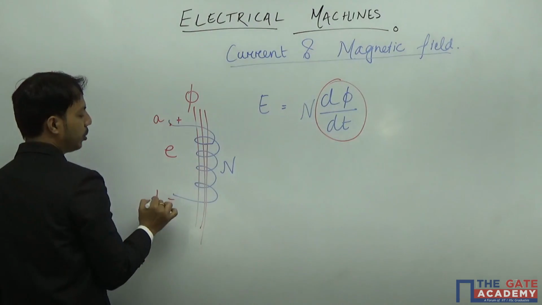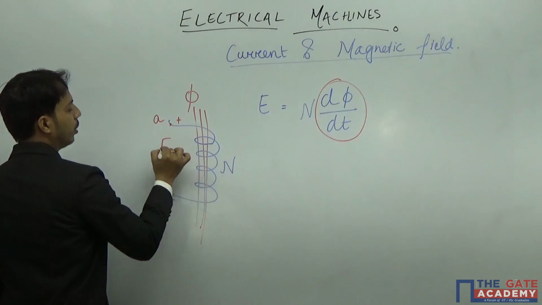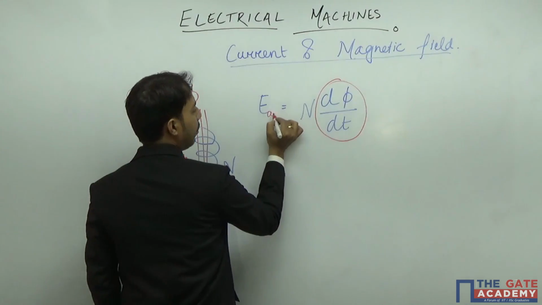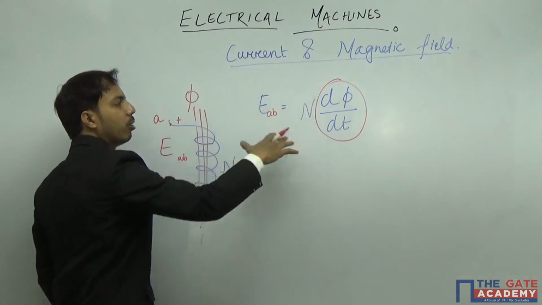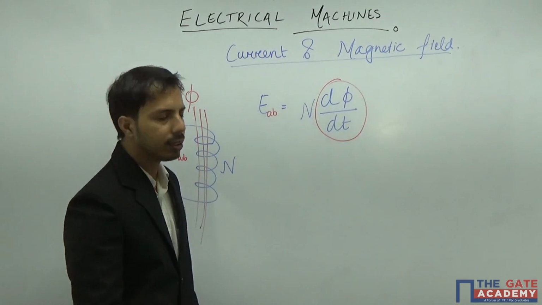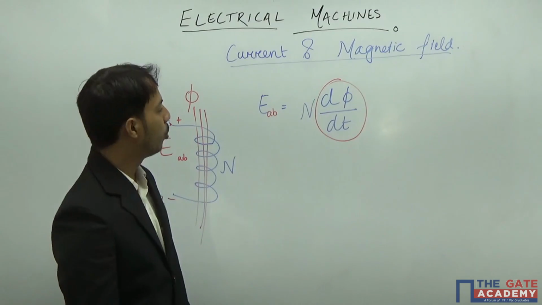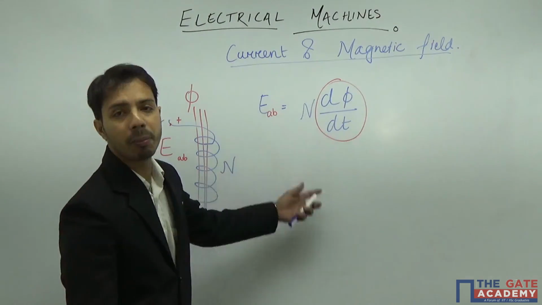Suppose this is A, this is B, so this induced EMF E_AB can be given by this particular expression, and this is called Faraday's law. Now you see, there is one more thing here. This is giving us the magnitude.